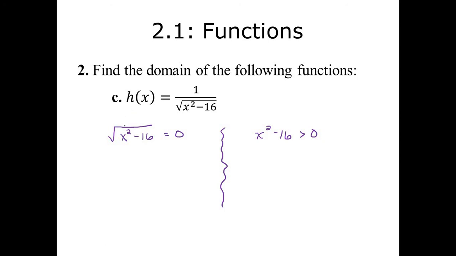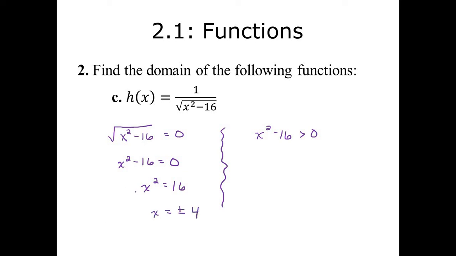So basically, to undo the square root here, we square both sides, and we get x squared minus 16 equals 0. 0 squared is just 0. Add 16 to both sides, and you get x squared equals 16. And take the square root of both sides, and you get x to be plus or minus 4.